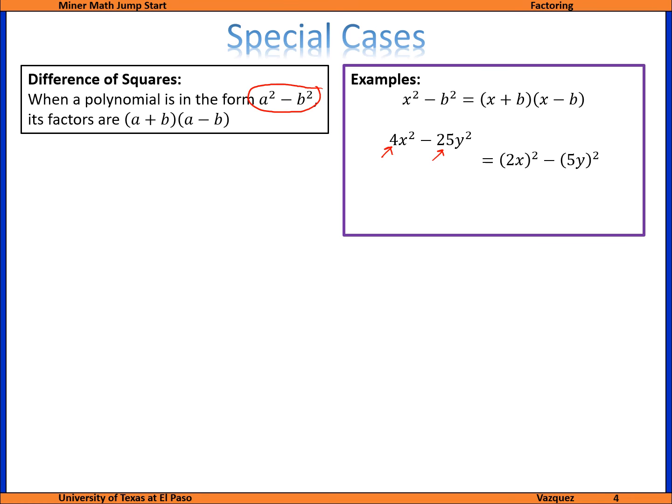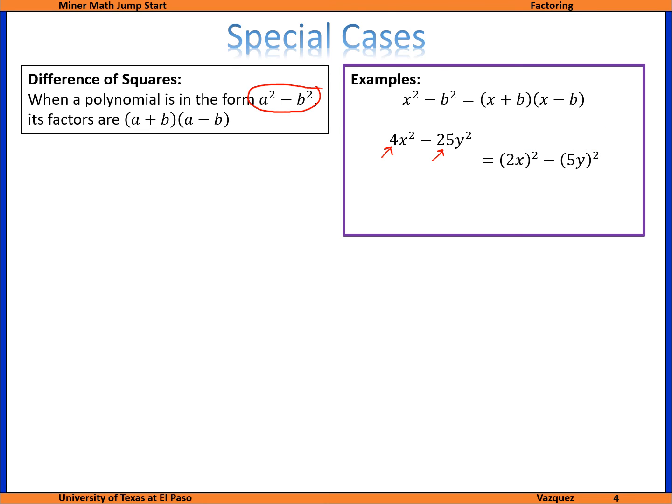A common mistake I see sometimes is that students might write 4x squared minus 25y squared, sorry, I'm writing the wrong numbers. So then they think the factors will be, well, actually, let me show this first before I confuse you guys.